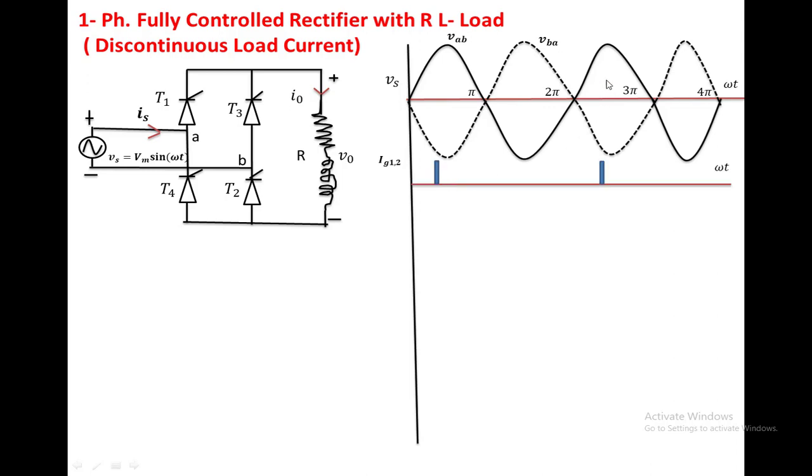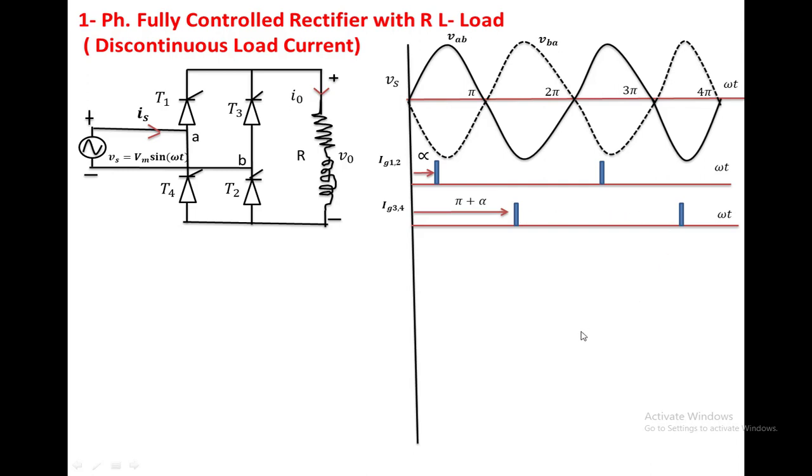Again at 2 pi plus alpha, T1, T2 is forward biased, and we apply a pulse to T1, T2 at 2 pi plus alpha. In the same manner, the pulses applied to T3, T4 are at pi plus alpha and 4 pi plus alpha.